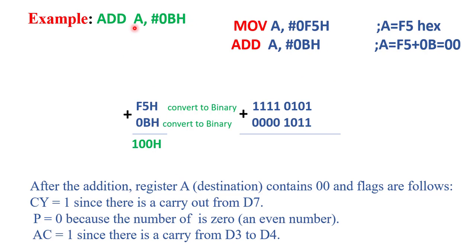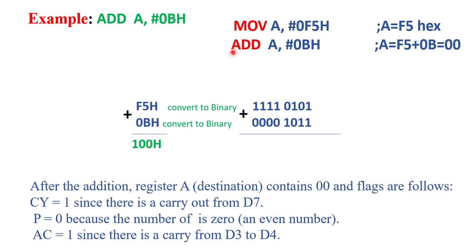First we want to load the accumulator with a particular value. So we use this instruction: MOV A, #0F5H. This instruction tells that this immediate data is copied into the accumulator register. When this instruction is executed, the accumulator contains F5H data.